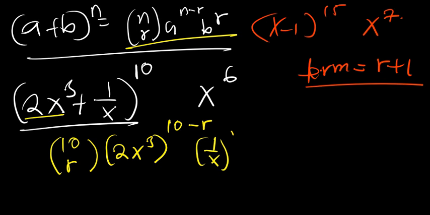My goal is to find r. Since we are interested in r and in x, I'm not going to consider anything which doesn't have x, like this 2, and this one.